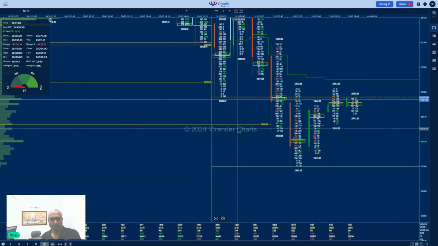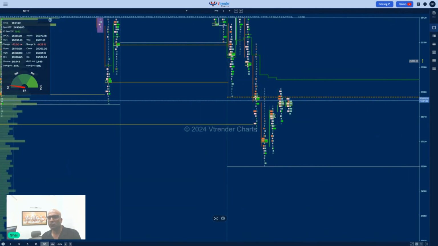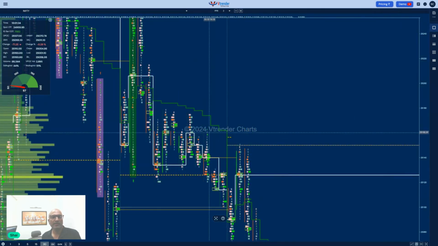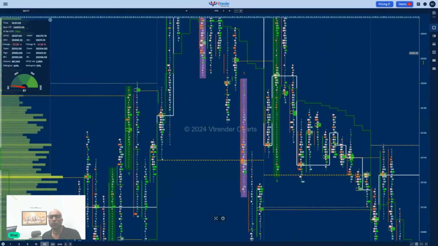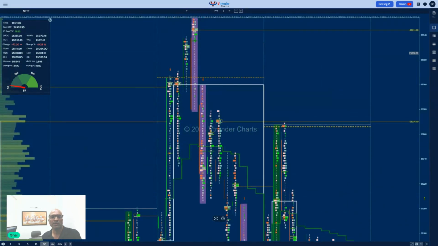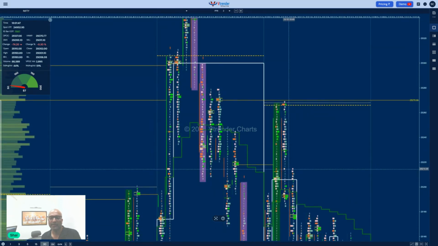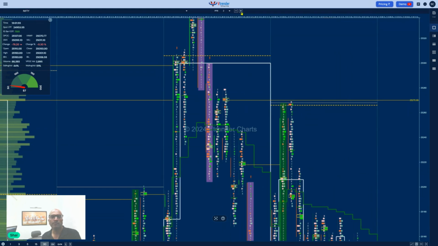Now what we've done, I'll just zoom out and show you. What we've done is make these charts a little bit easier for you to understand, in the sense that you'll see some of these candles are colored purple and green. These are candles which we call initiative selling candles, or IS candles, and the candles covered in green we call initiative buying candles.